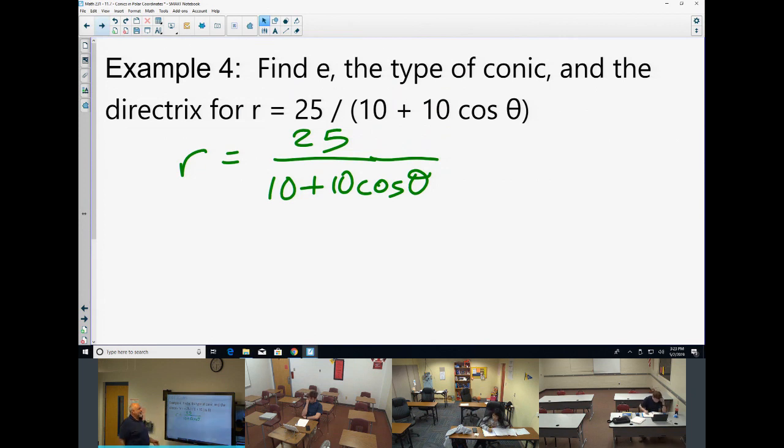All right, so in order to have this in standard form, I need a 1 here. So to get a 1, I'm going to divide everything by 10.